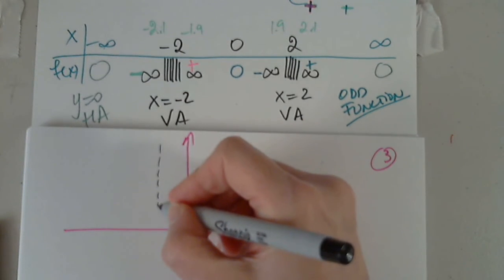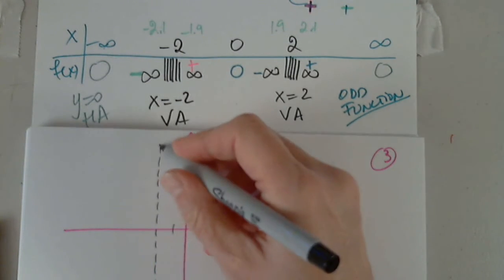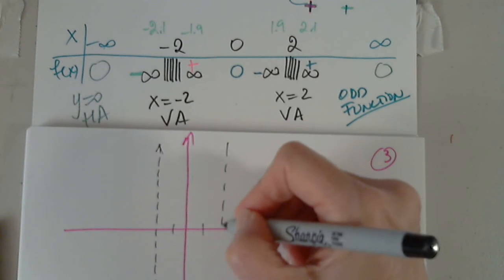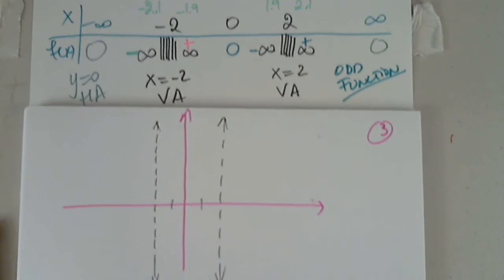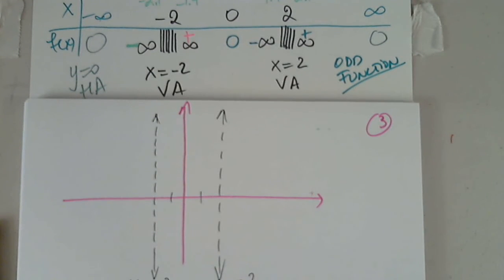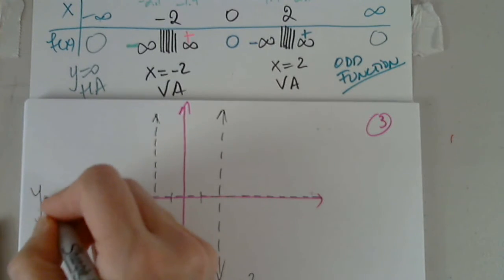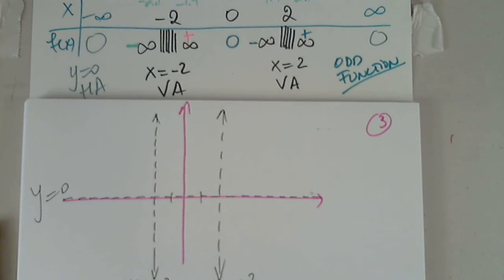They are not part of the graph, but they have to be graphed. So this is x equals -2, and this is x equals 2, and this is an overkill. There is no need to do this because it's the x-axis.